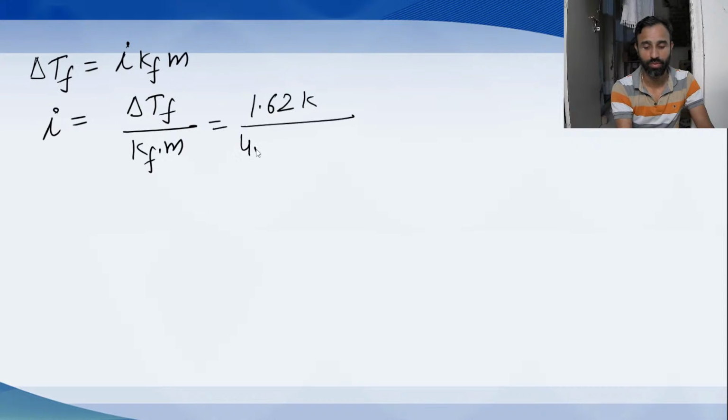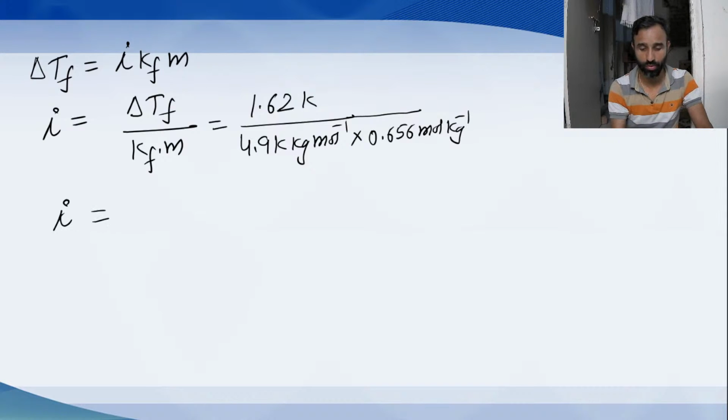KF is 4.9 Kelvin kg per mole into m, that is 0.656 mole per kg. i is equal to 1.62 divided by 4.9 divided by 0.656.